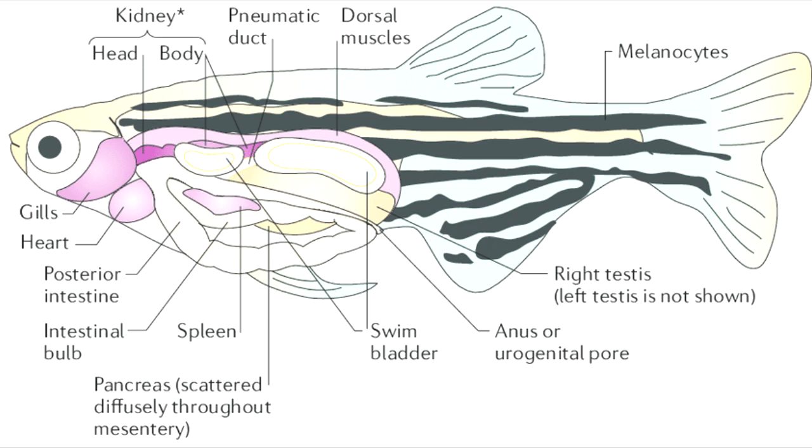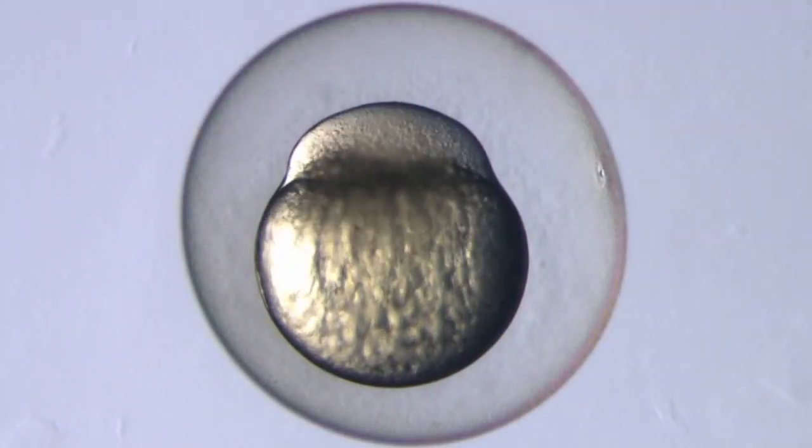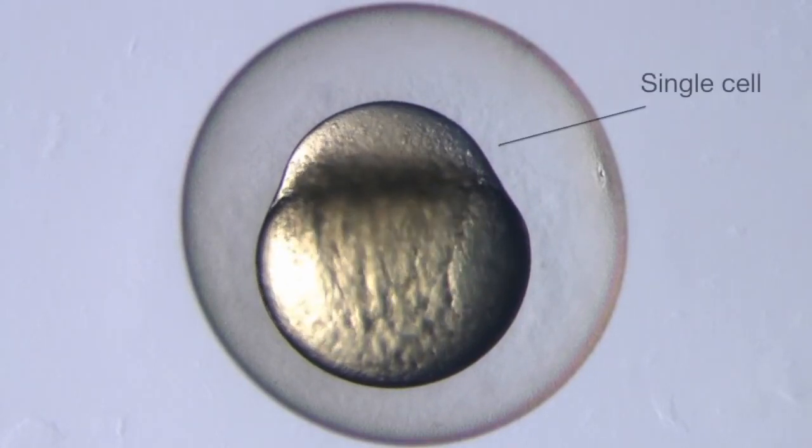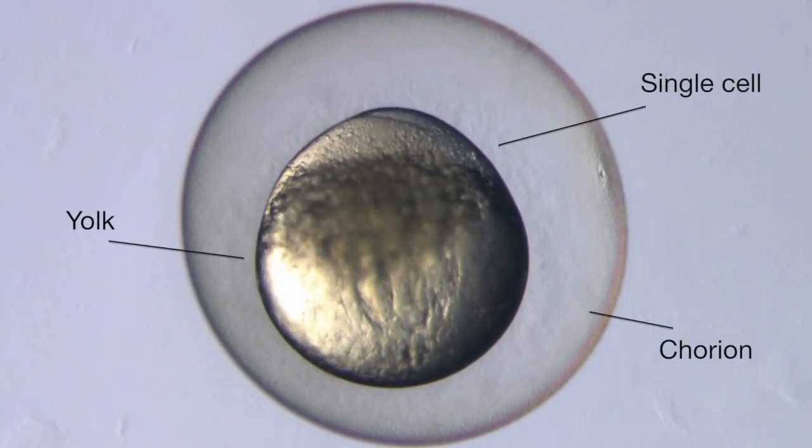Here is the zebrafish anatomy. The zebrafish life cycle starts after fertilization, followed by cleavage stages where cell divisions occur in precise planes of orientation.